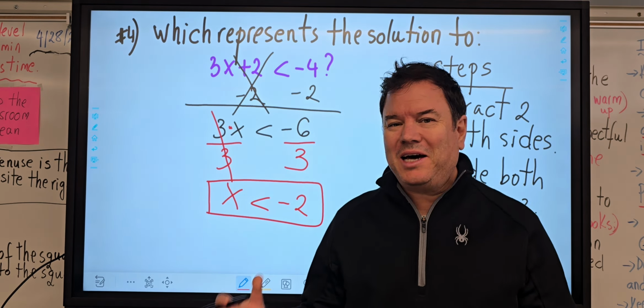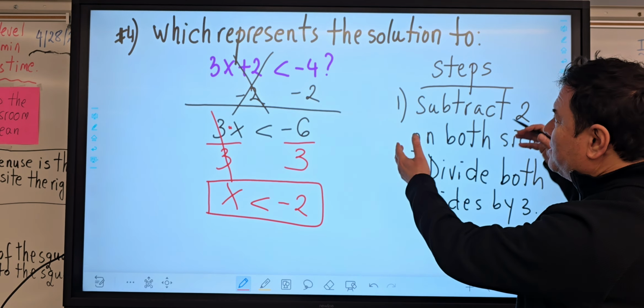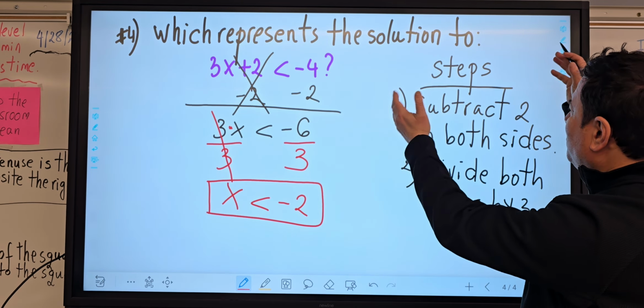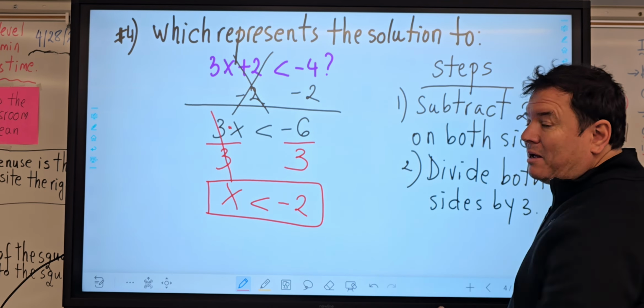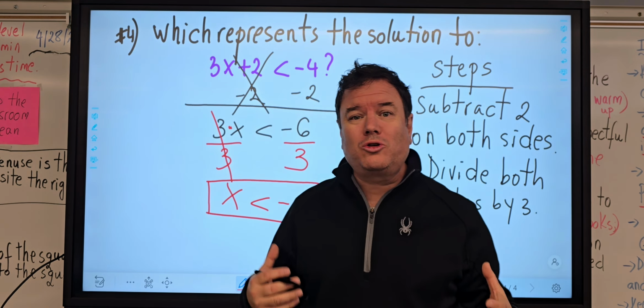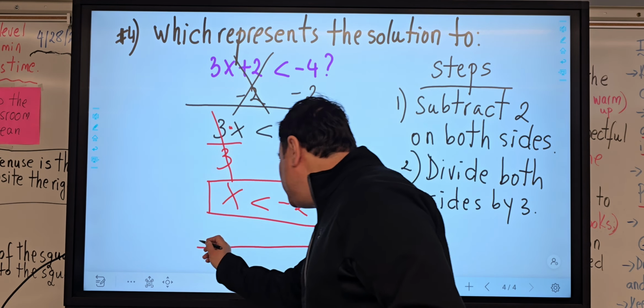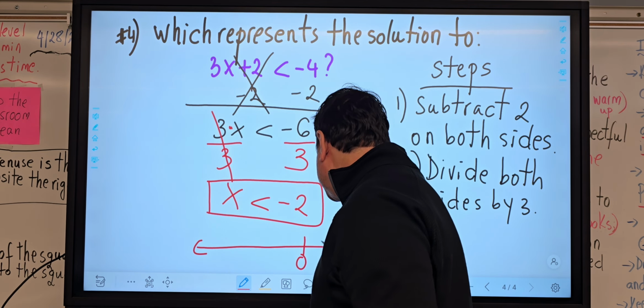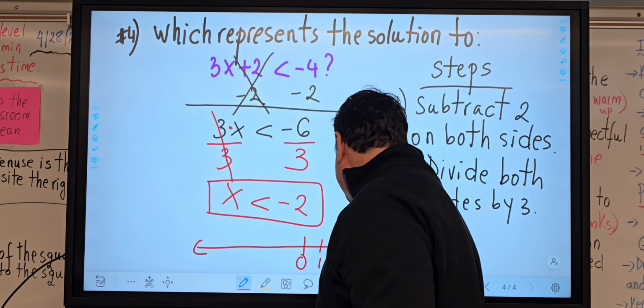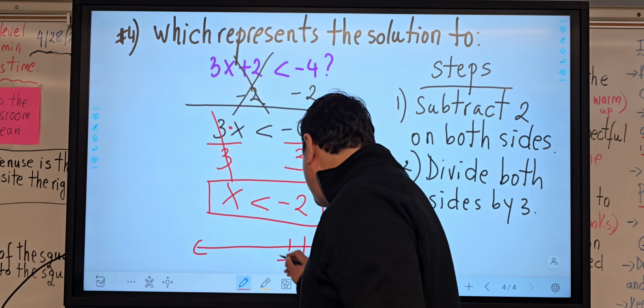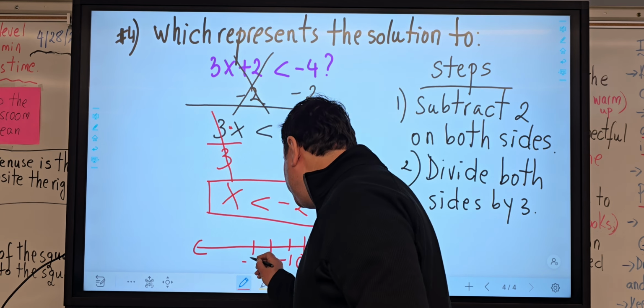We are actually done, because they are only asking us to find what represents the solution. But if they also ask you to graph that solution on the number line, let's pretend this is our number line. We have 0, some positive numbers, and some negative numbers: negative 1, negative 2, and negative 3.